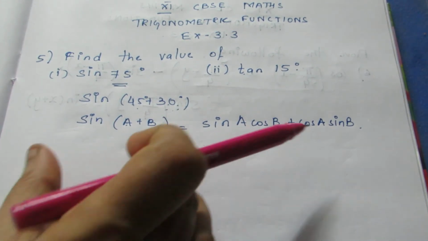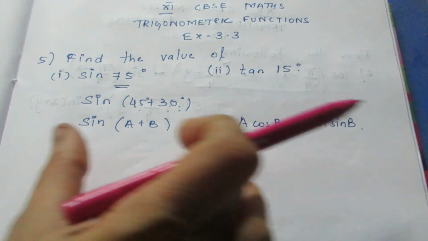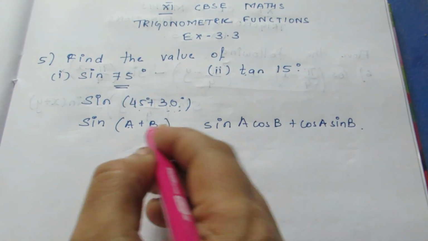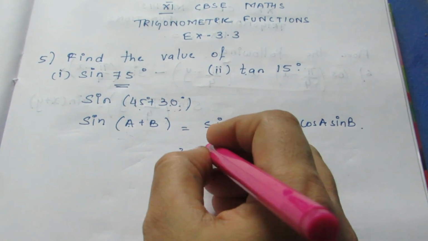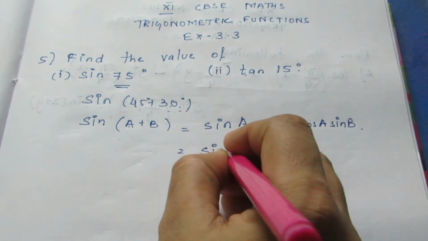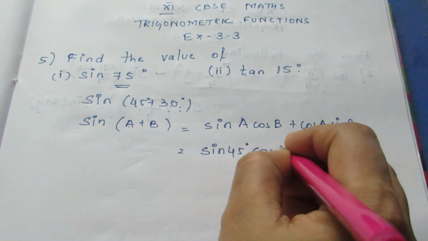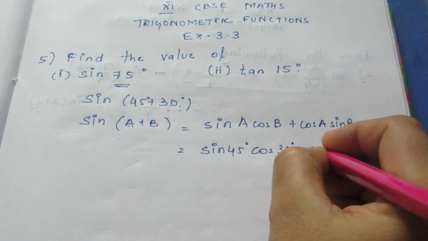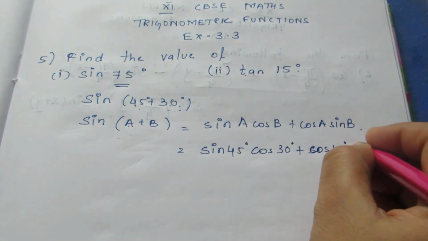They have given it in this form, so I need to complete the answer in this form. I can write this as sine 45 into cos 30 plus cos 45 into sine 30.